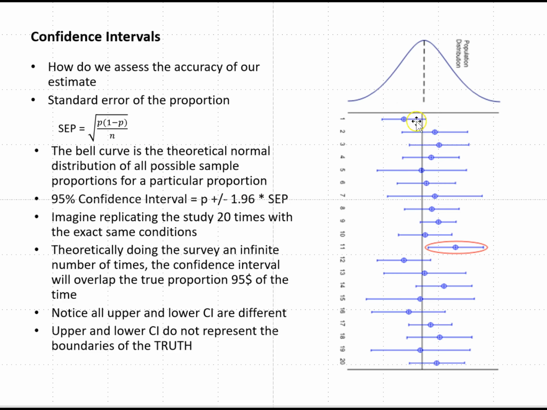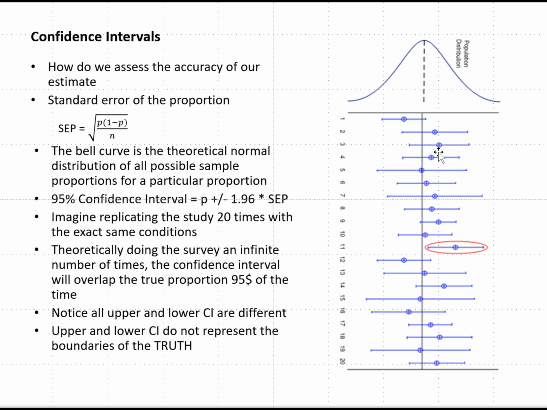Now in this case, we have theoretically sampled or done our study 20 times, each time doing it identically to the same population. I mean, it's theoretical. And the idea is if you did it an infinite number of times, your confidence interval would overlap the truth 95% of the time. In this case, there's 20, so it overlaps in 19 and fails to overlap the truth in 1. 1 out of 20, 5%.